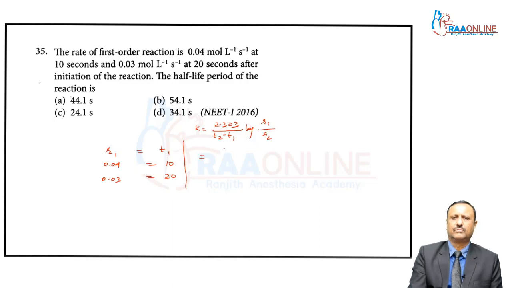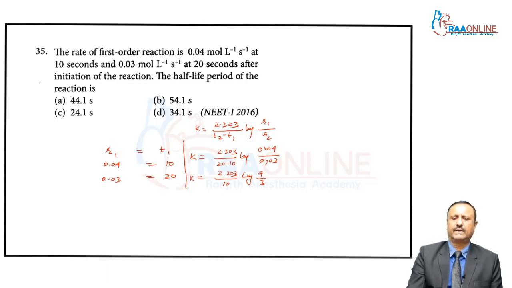So my dear students, k is 2.303 upon T2 minus T1, meaning 20 minus 10, log R1 upon R2, that is 0.04 upon 0.03. Here that is the k, my dear students, you can solve it: 2.303 upon 10 log 4 by 3, and you can calculate this k.